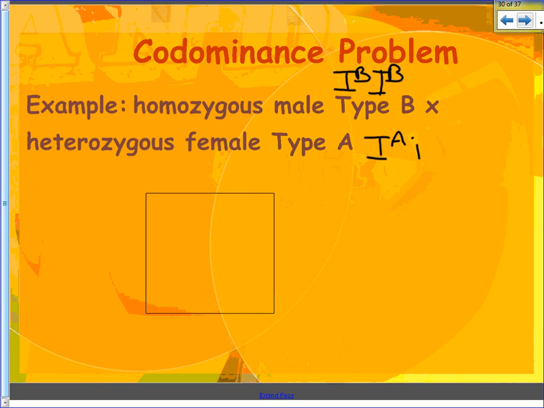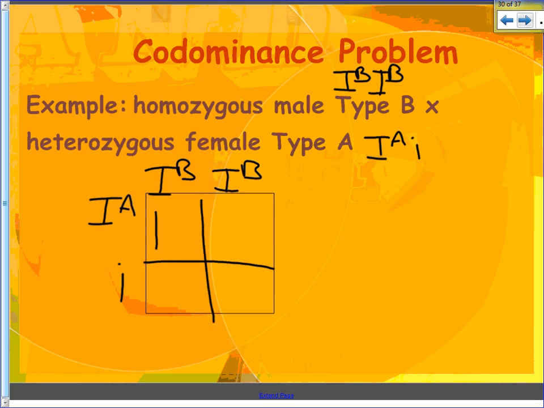And if we were to perform this cross to see what sort of children they would get, remember, we're only going to be using Punnett squares that are monohybrids. We don't use dihybrid Punnett squares. It would be very complicated. I mean, we could, but we're not going to.